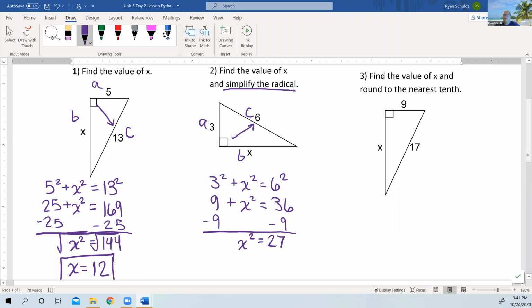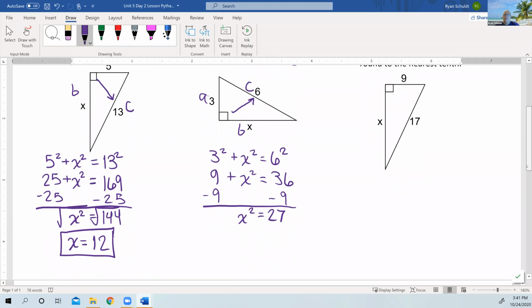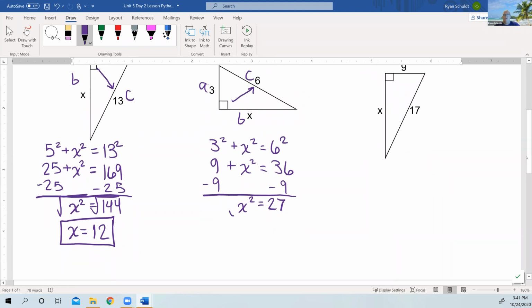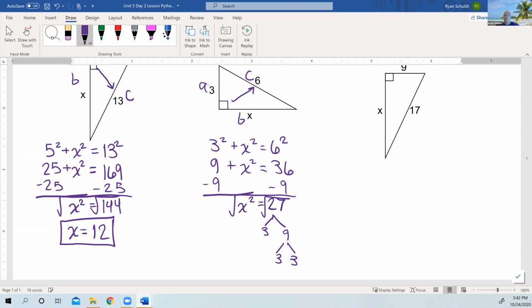Now remember from yesterday, when we simplify the radical, we're simply taking the square root of each side, but I'm not putting this as a decimal. I can't take the square root of 27 and get a nice number. So I have to figure out what multiplies to give me 27. I'm going to have 3 and 9. Again, I break the 9 up to get 3 and 3. So this is where we talked about yesterday. Couples go out on a date.